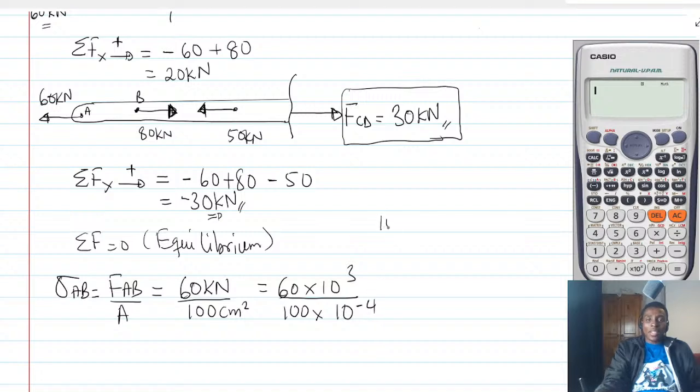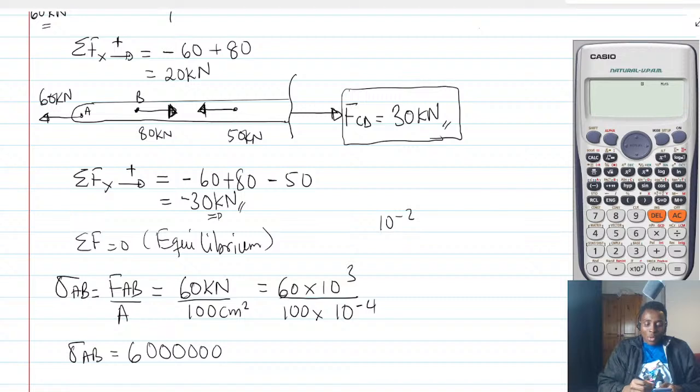Don't forget that centimeters is 10 to the power minus 2, right? Now if I do everything correct, the stress is going to what? Let's make our calculators. 60 times 10 to the power 3 divided by 100 times 10 to the power minus 4. So that is going to be 6, 0, 0, 0, 0, 0. So the zeros are 1, 2, 3, 4, 5, 6.